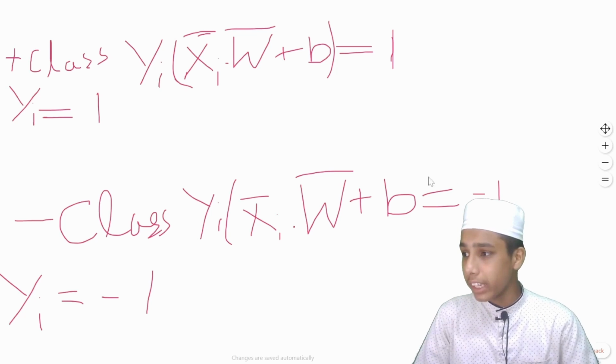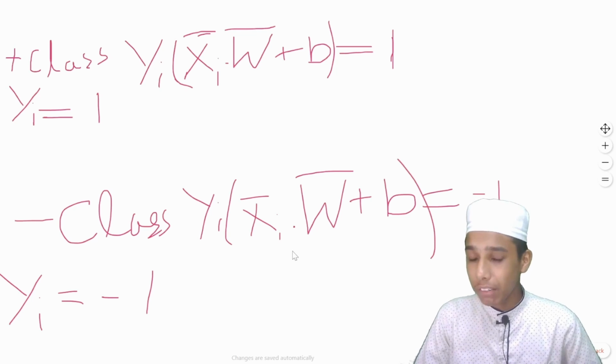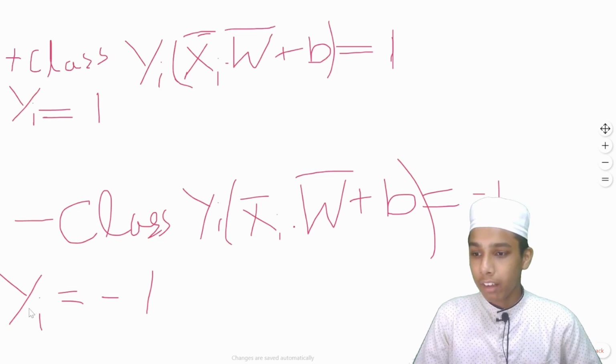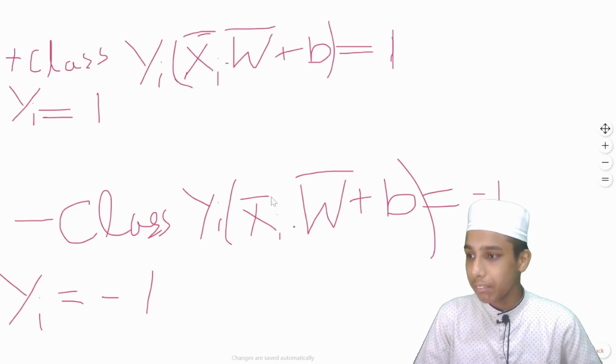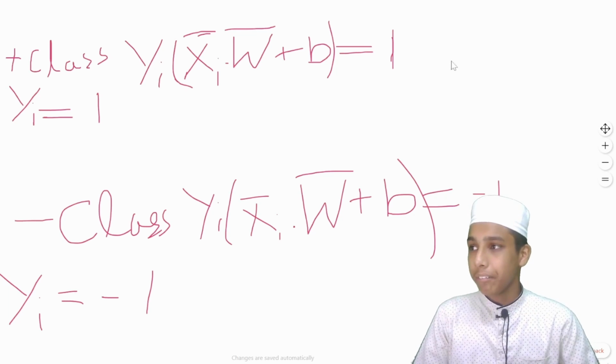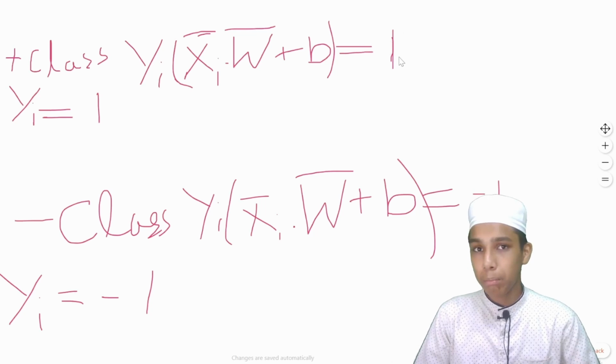So for multiplying, we have to multiply this y sub i at the two places. We are going to multiply this y sub i here, and multiply this y sub i with the minus 1. Now the value of y sub i is minus 1, and here we have the plus 1.